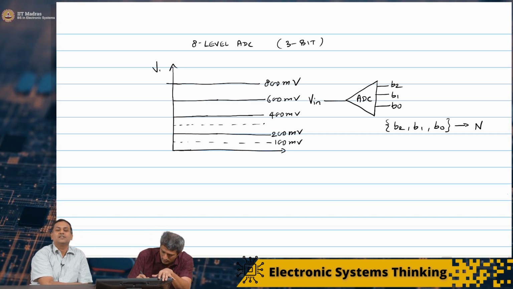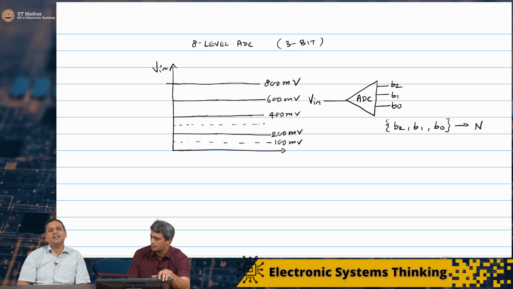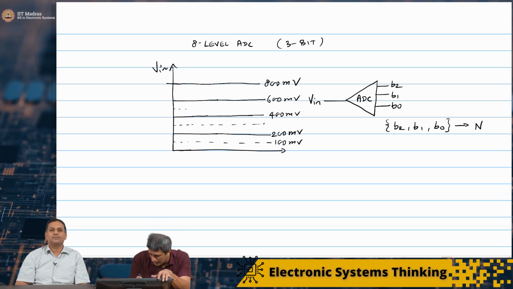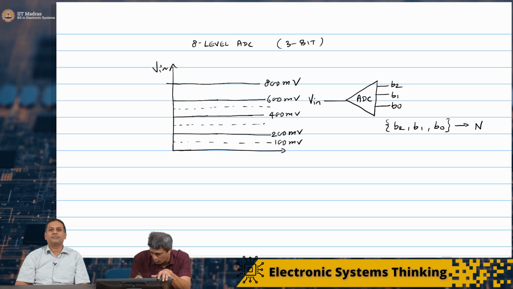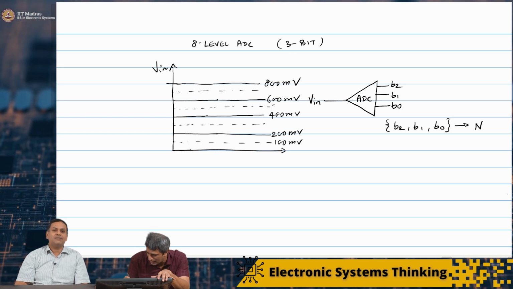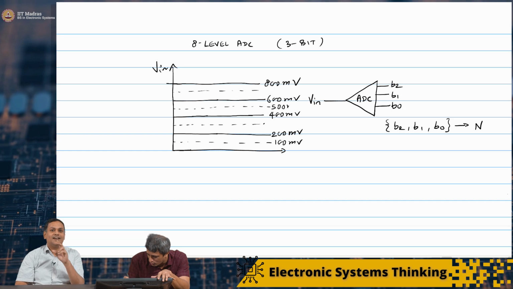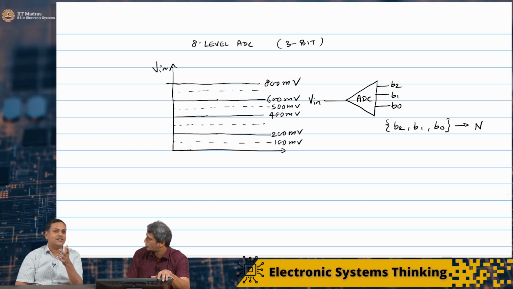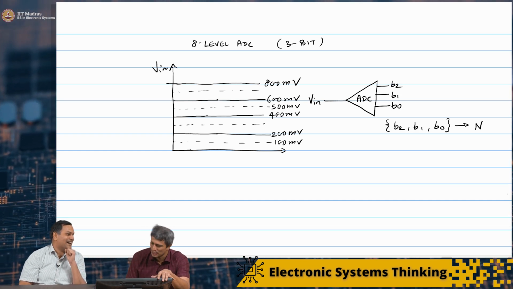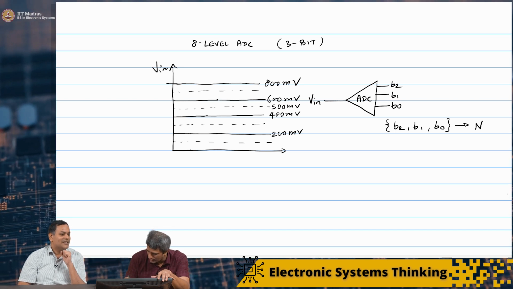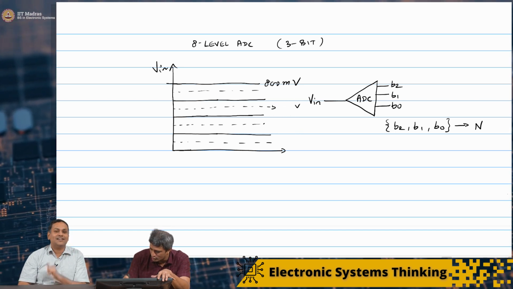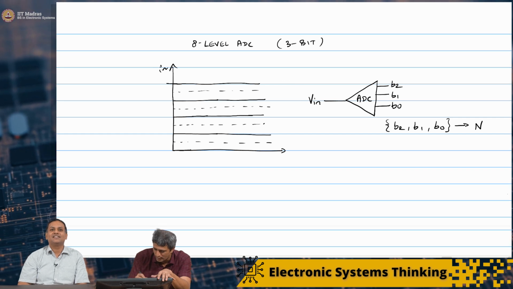Okay, V in versus N. Maybe the only thing is a student may be confused because input is V in. We're plotting that on the y-axis. We'll do that then. I think you're right.